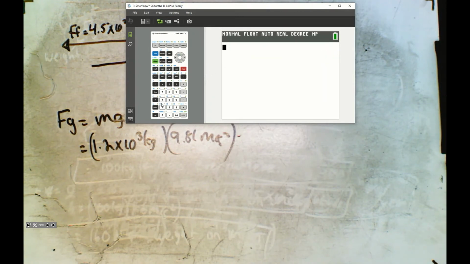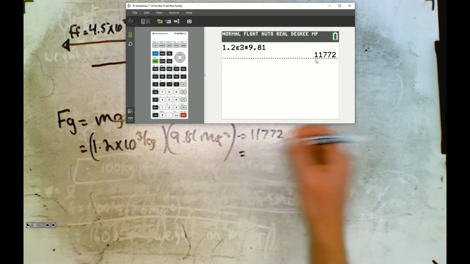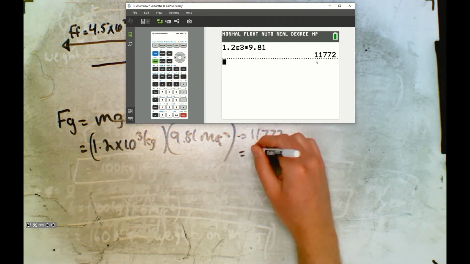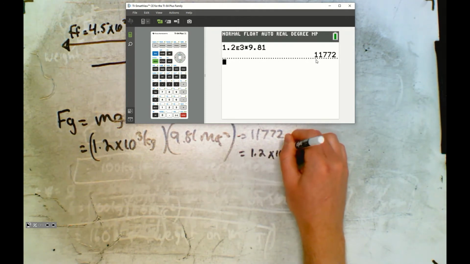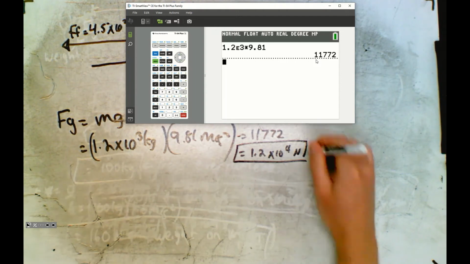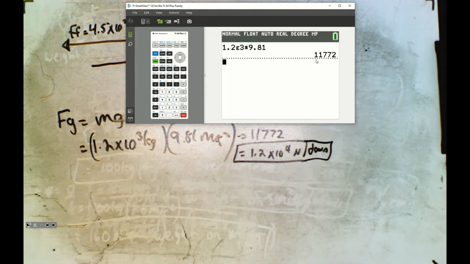So we go 1.2 times 10 to the 3 times 9.81, and we get 11,772. We would want it to be 2 sig digs like in the question, so 1.2 times 10 to the 4 newtons would be the best answer. And you could even put down, but if it's just asking for weight, we know it's down.